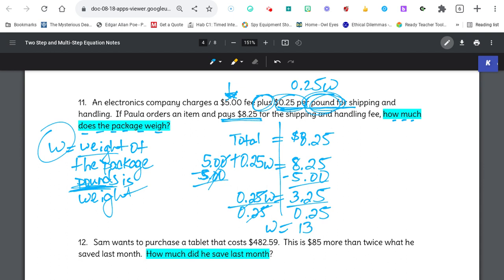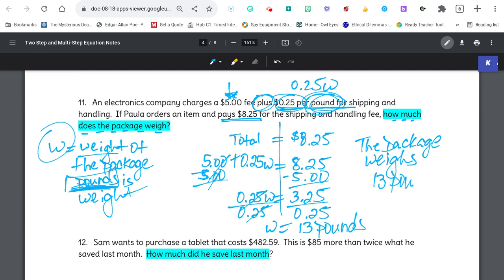So the weight of the package is in pounds, guys. So that means that the package that she paid $8.25 to ship weighed 13 pounds.